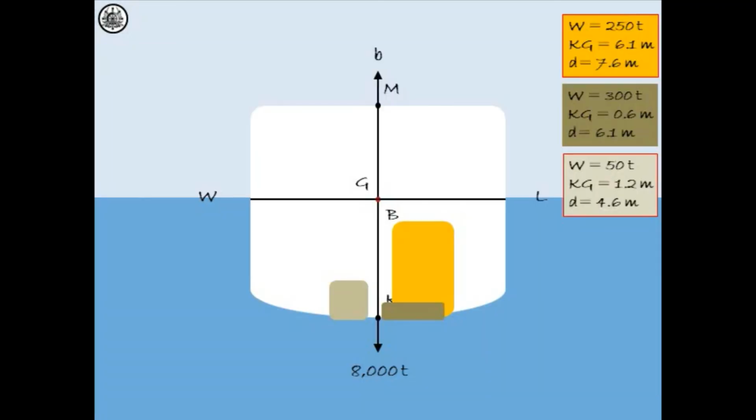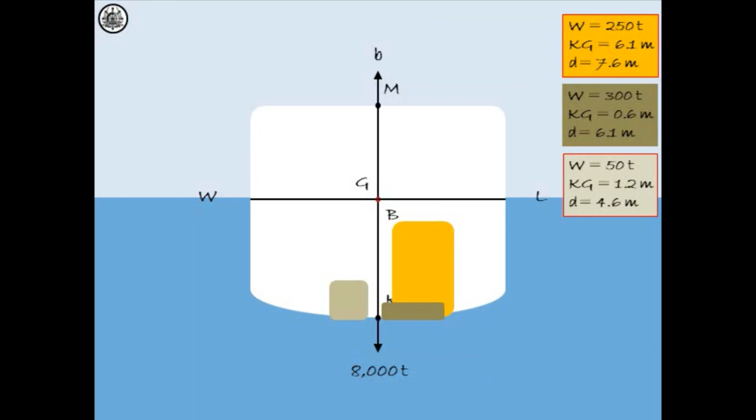An upright ship has a displacement of 8,000 tons and KG of 7.6 meters. A cargo of 250 tons, KG of 6.1 meters, with a distance from the center of gravity of 7.6 meters.